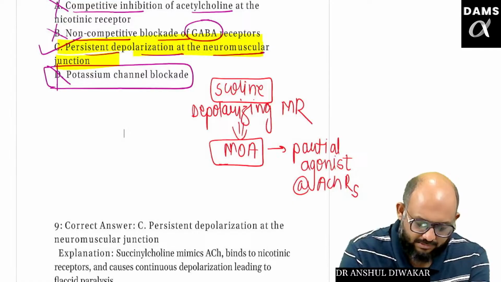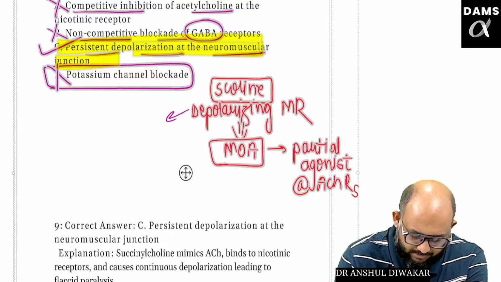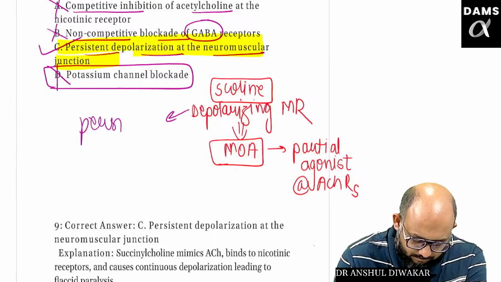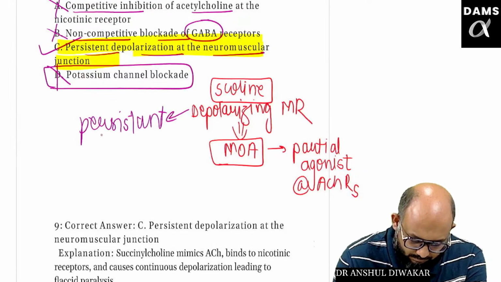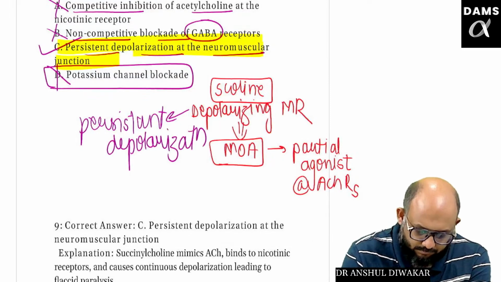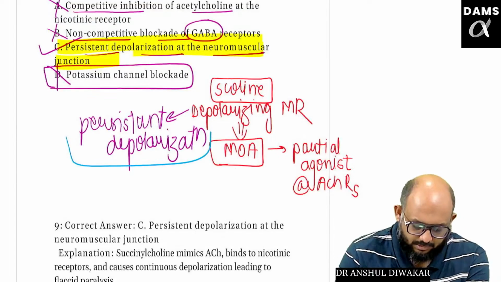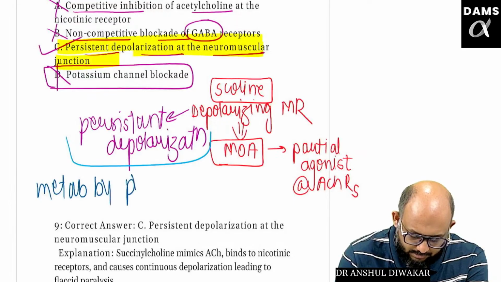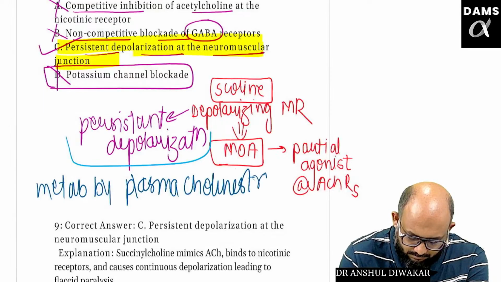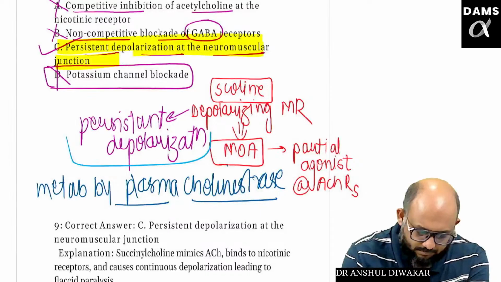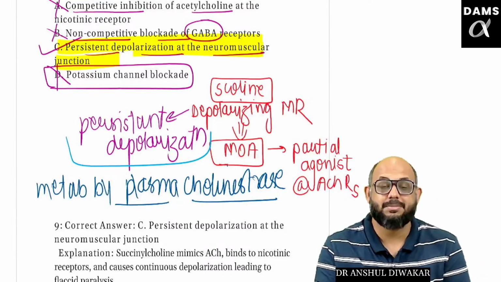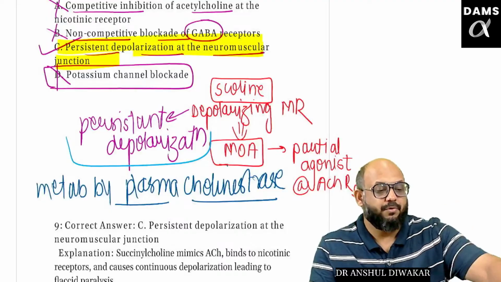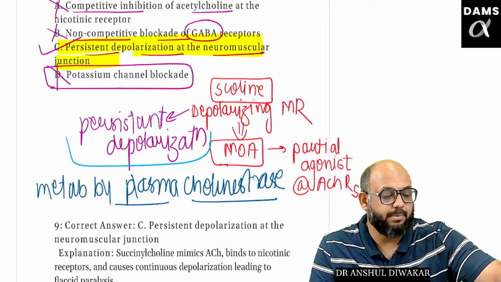The reason it causes persistent depolarization is because it gets metabolized by plasma cholinesterase. So the enzyme responsible for metabolism is present in the plasma.